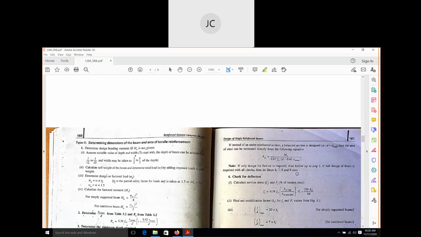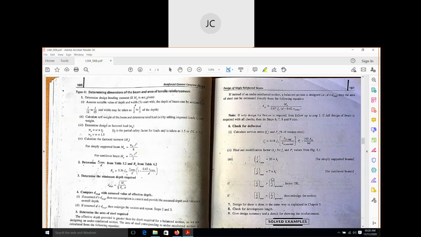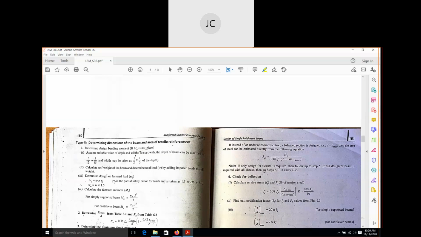That means if you are asked to design the beam with all the necessary checks, you first design the beam, then check for deflection, check for shear, and finally give the design summary. You have to do all the steps. But if it is only said to design the beam and some data are given, then up to area of steel you can find out and your answer is complete.